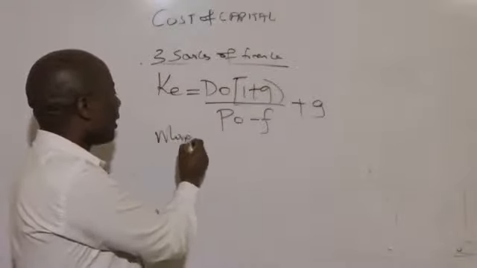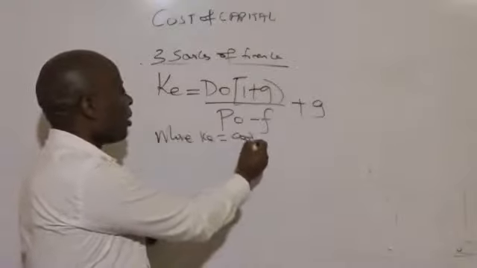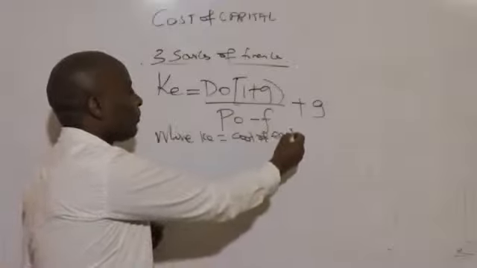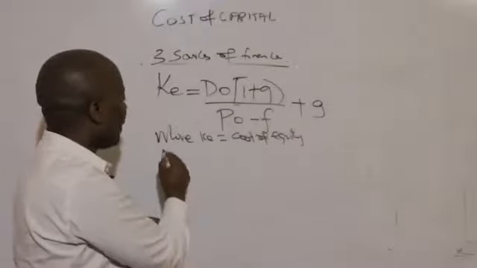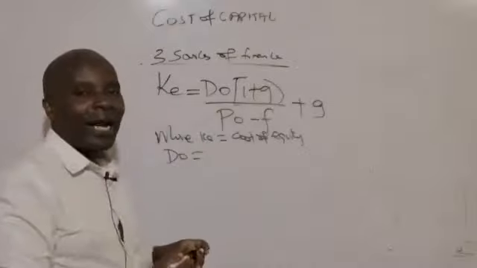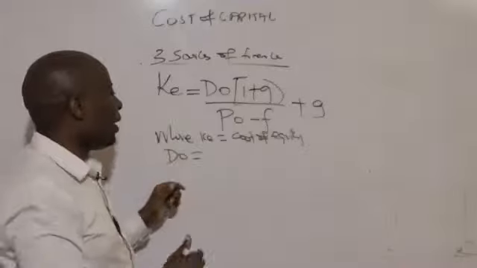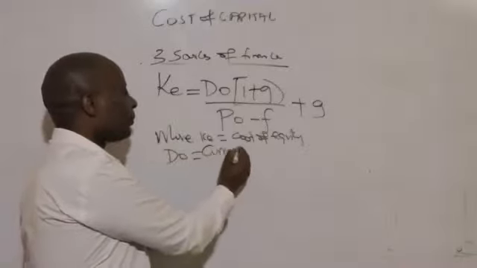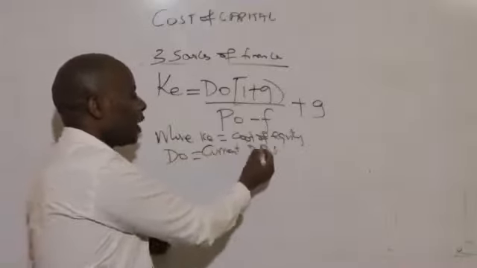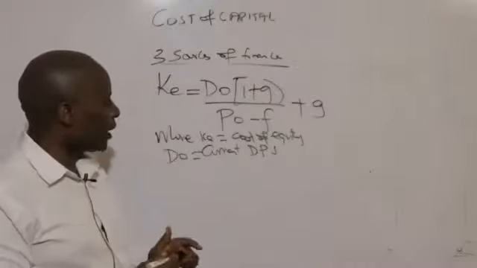Where Ke stands for cost of equity. D0 stands for current. 0 means today. So D0 means current dividends per share. Please write in full: current dividends per share.